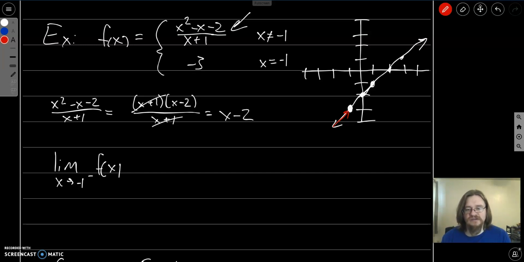And this part of the equation looks like an x minus 2. So we're going to be approaching negative 3. The limit as x approaches negative 1 from the right-hand side, again, we're not plugging in x values that are negative 1 yet, so we're using the top part of this fraction, which is the same as x minus 2. So we're approaching down here.